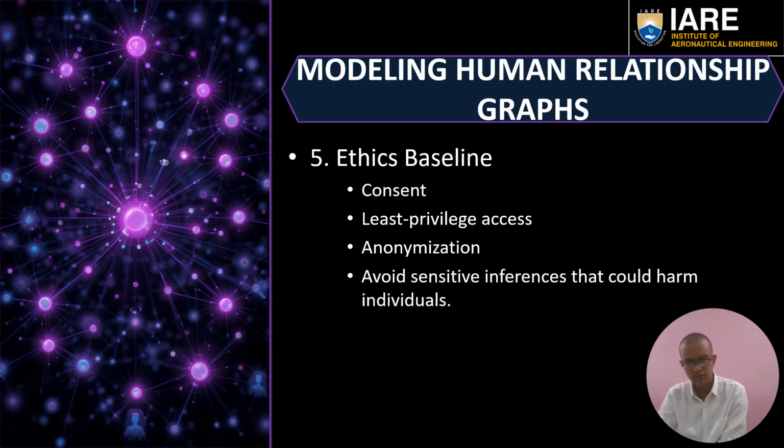The third one is anonymization of the data. And the fourth one is to avoid sensitive inferences that could harm individuals, the users. Hence, this is the information about modeling human relationship graphs.